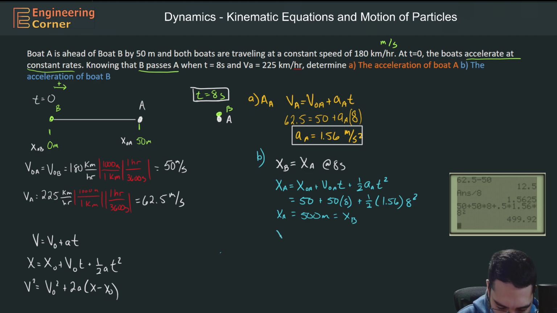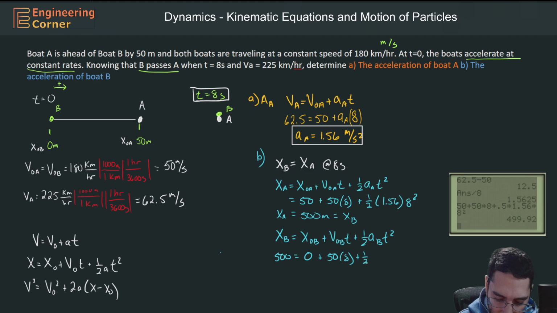I have x of B is my initial position of B plus my initial velocity of B times time plus 1/2 times my acceleration of B times time squared. Okay, I know that this is now 500. I know that this is equal to 0. I know my initial velocity of B is 50. Time is 8. And then 1/2. The acceleration of B is what I'm solving for. And then I have my time 8 squared.